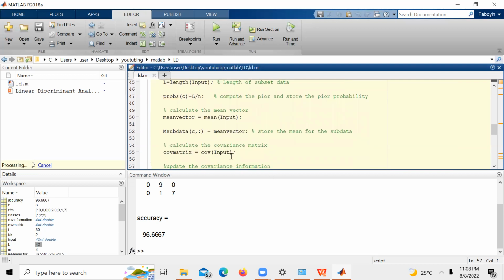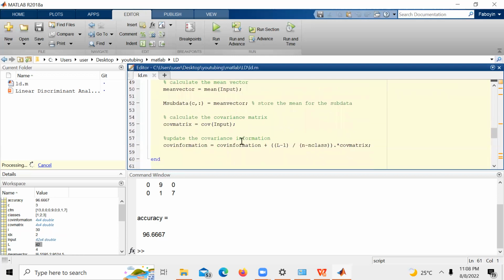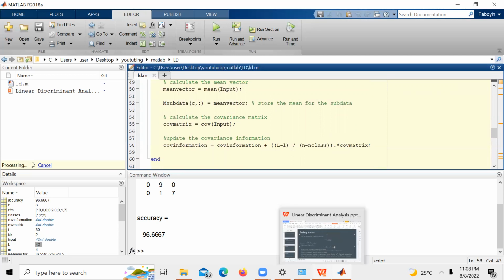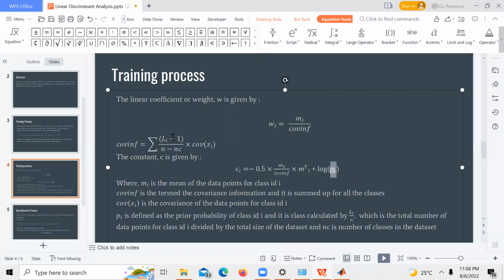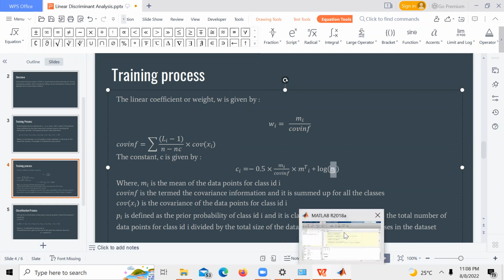So after storing the mean, we also calculate the covariance matrix. This covariance matrix is used to update the covariance information. So this is the same thing as this particular formula: Li minus 1, the total number of records for the class ID over the total number of records in the whole training set minus n class, which is 3, times the covariance matrix.